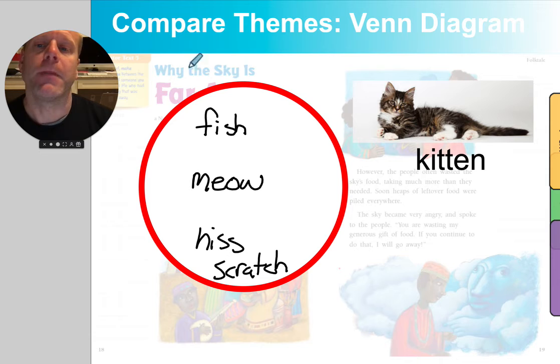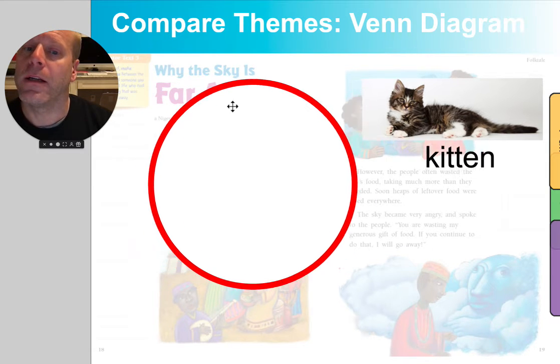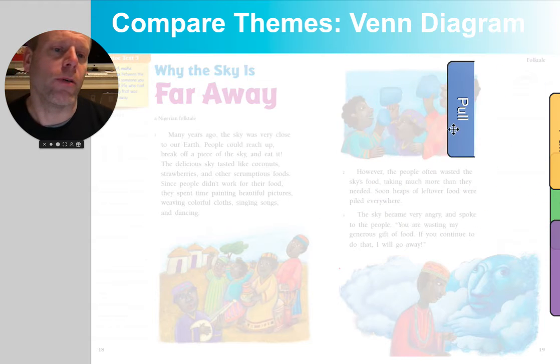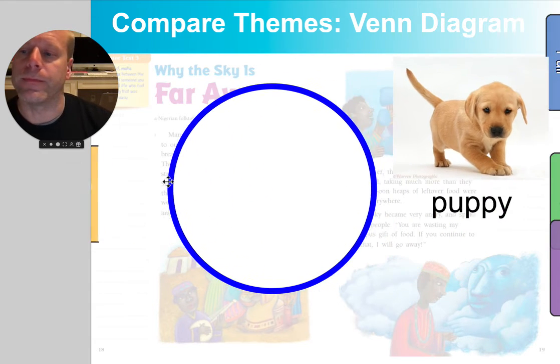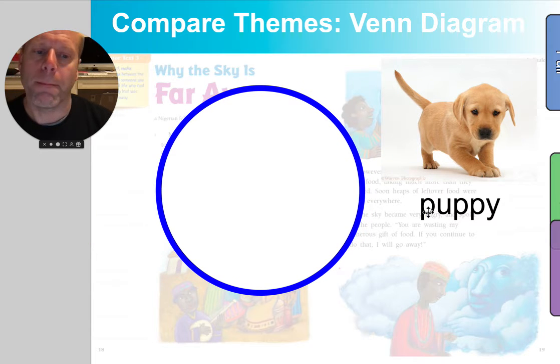Okay? Now, let's try this circle. Puppy things. Okay. What do puppies eat? So they're not going to eat fish, but they do like to chew on bones, right?